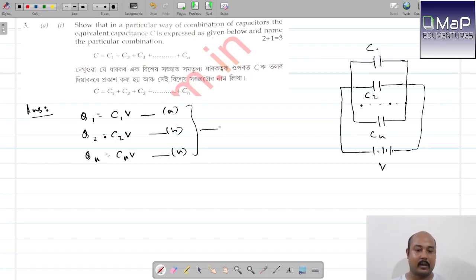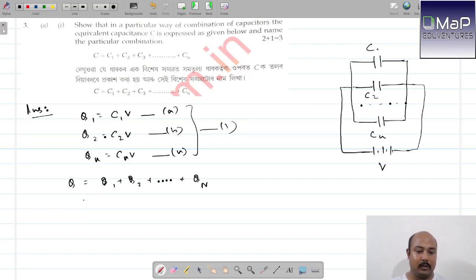Now, how much total charge is stored in this combination? The charge stored in capacitor 1 is independent of the charge stored in capacitor 2, and independent of the charge stored in capacitor 3. So the total charge stored in the whole combination is simply the sum of all the charges stored in capacitors C1 to Cn. So the total charge will be Q1 plus Q2 up to Qn.